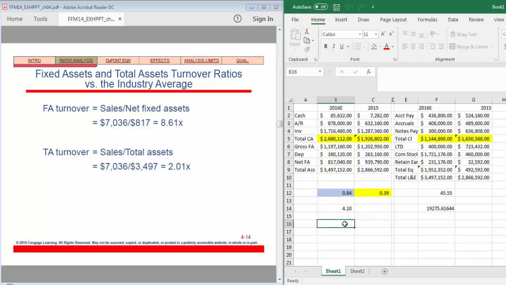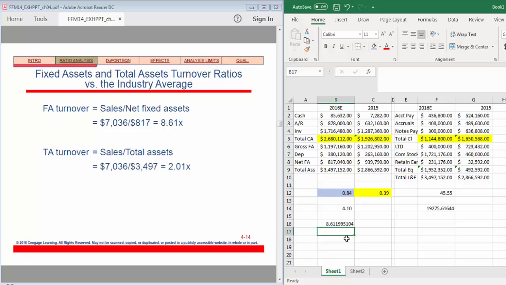The sales number comes from the income statement, and it's condensed from the 7 million mark; they've just taken off the zeros, so we'll do the same thing and get approximately a similar number. 7036 divided by the net fixed assets, which in the 2016 estimate is 817. Dividing by 817, I get 8.61.